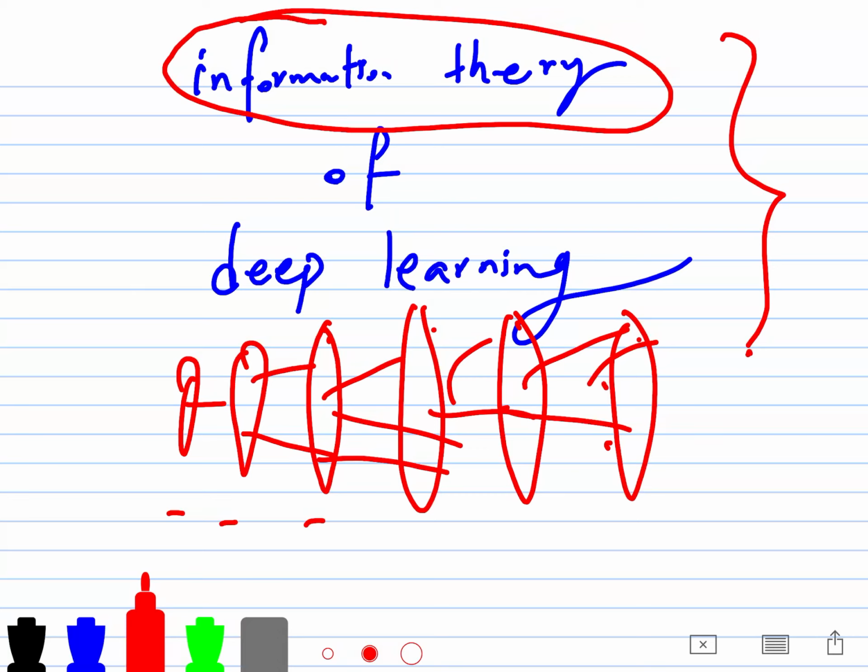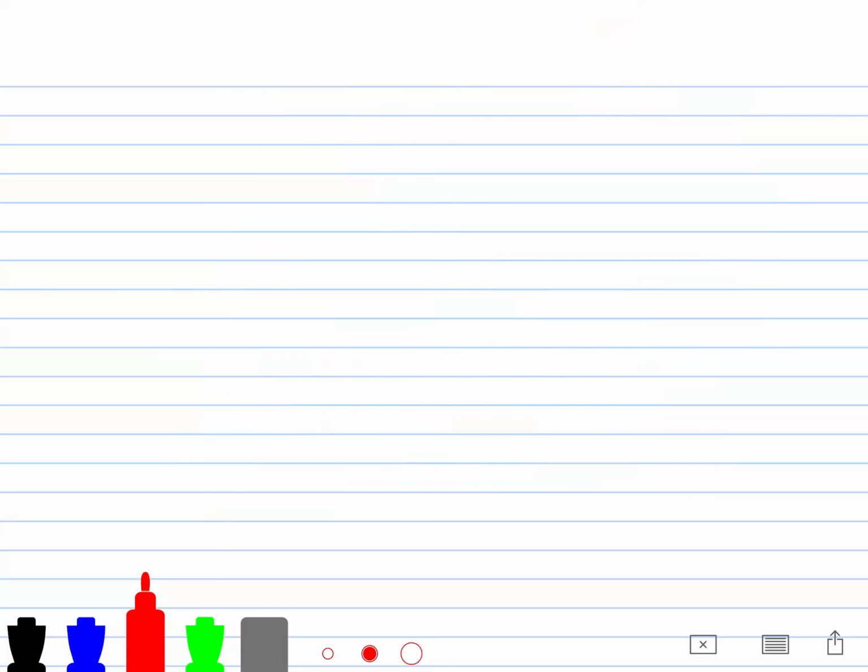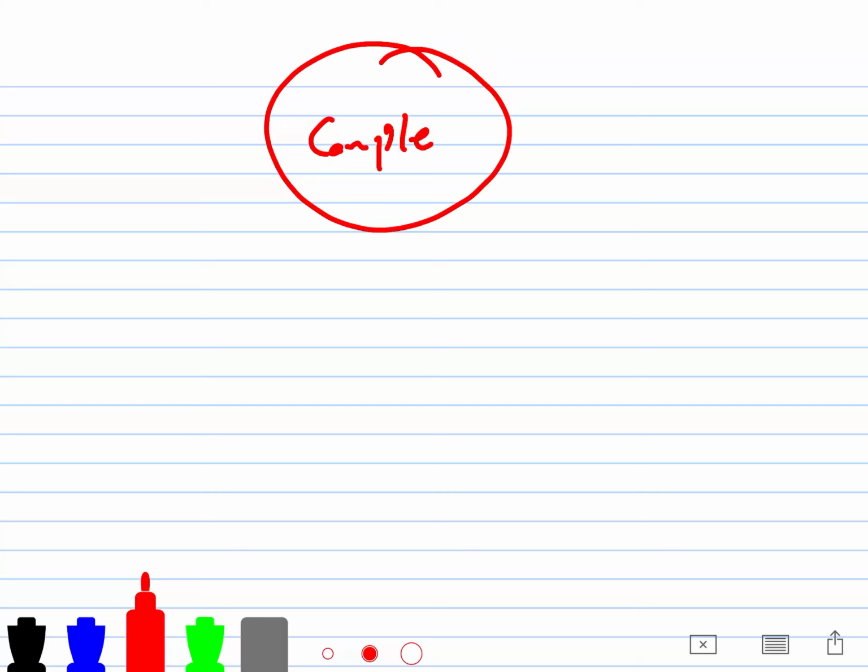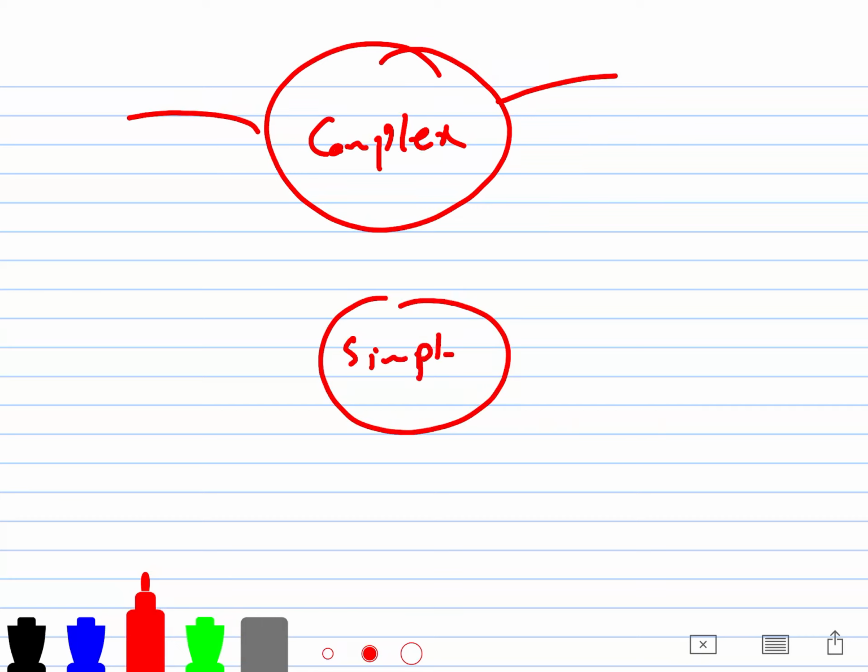For example, I told you about knowledge distillation, that if you have a very complex deep neural net, as a teacher model, then you can use knowledge distillation to find a student model, a more simplified version of that complex model.